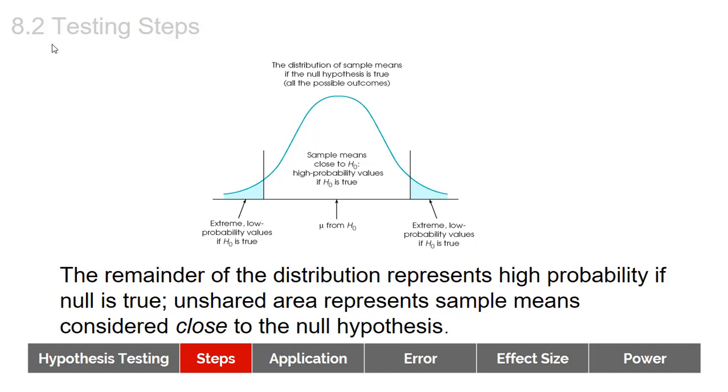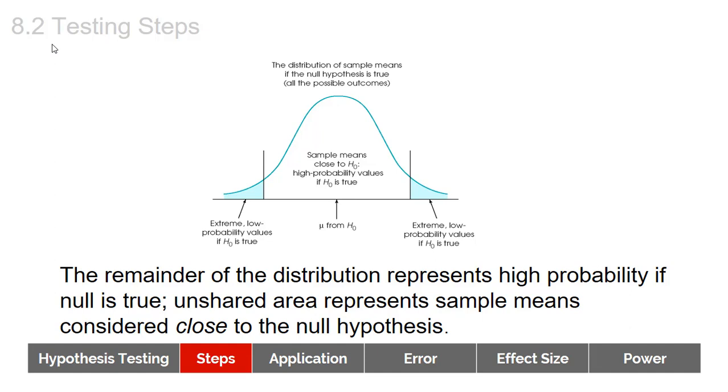If we would find our mean in those shaded areas, we would be suspicious. We would say, this is very strange. It's so very unlikely that we would find a mean that is so much different than the population mean in these extreme areas. The unshaded area represents the sample means that are considered to be close to the null hypothesis.